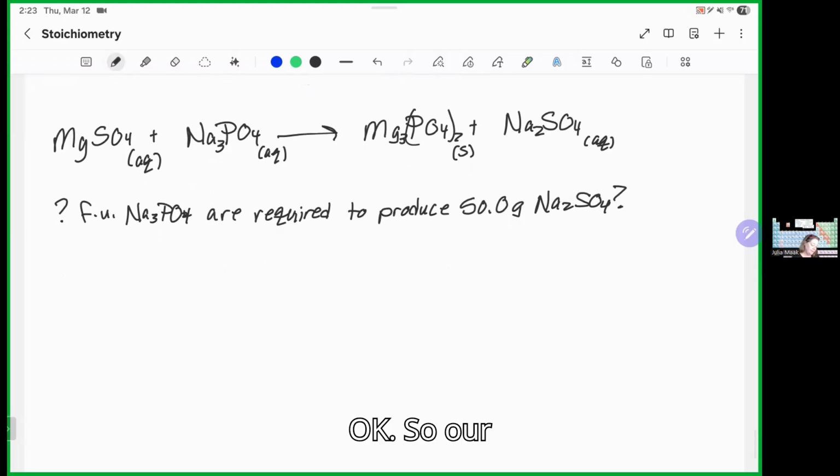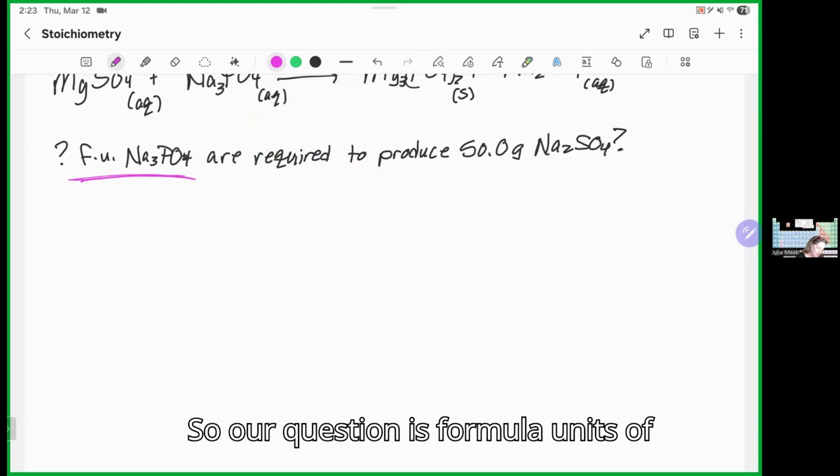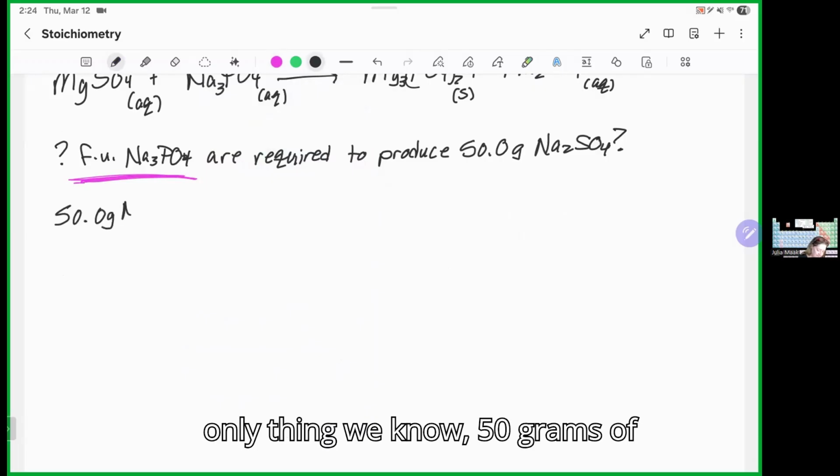So our question, I always have my question here, is formula units of sodium phosphate. We'll start with the only thing we know, 50 grams of sodium sulfate.